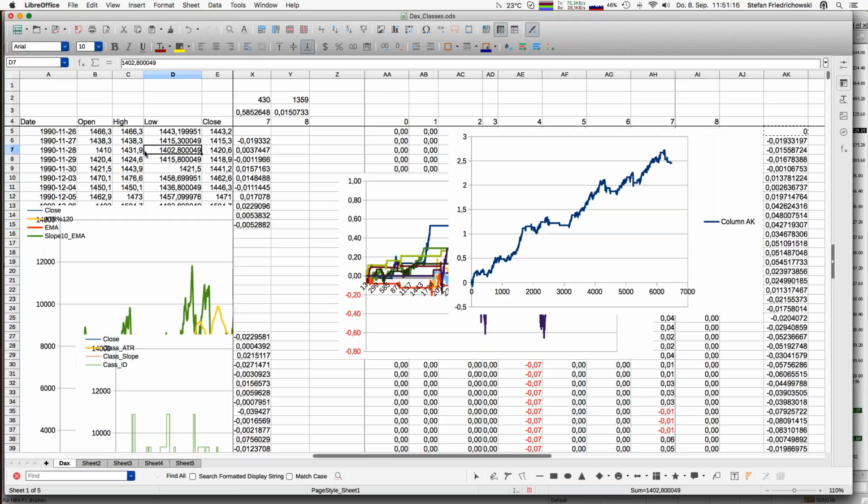And of course, we know the long-term history of the DAX is long. Okay, that we know. But let's do the same, for example, for Euro US dollar on a D1 base.